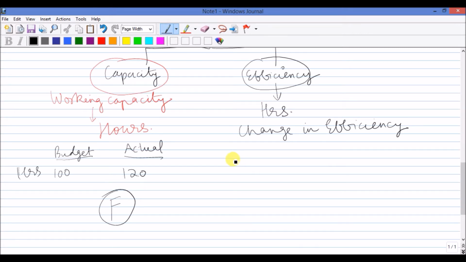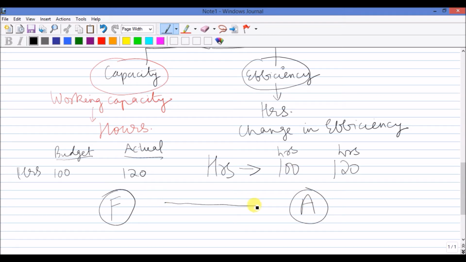I will be explaining it in a better way when we are in the sum. See, 100 hours you should have worked, and you have taken 120 hours for the same work. It means you have taken 20 hours more. So this is going to give you an adverse variance.